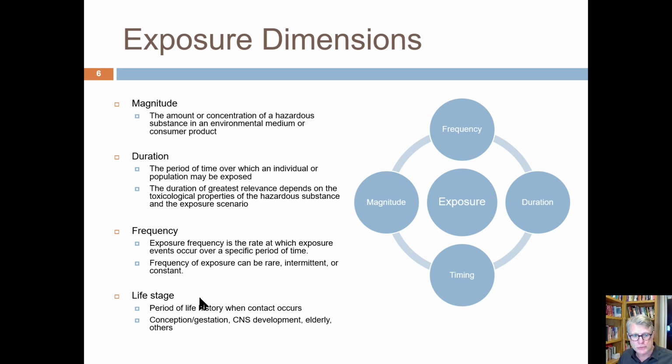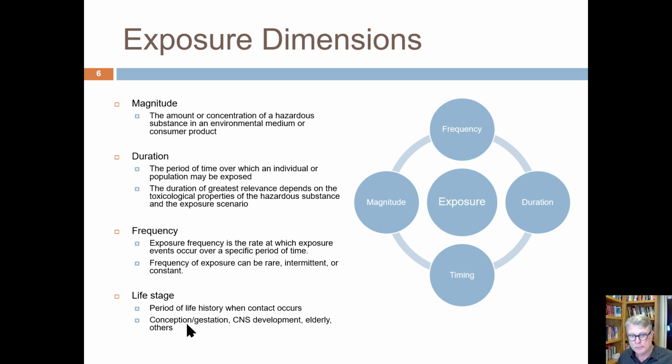And life stage, or timing, refers to when in the life history of an organism this contact or exposure occurs. Why do we care about when? Well, the susceptibility of humans and other organisms to toxicants is somewhat dependent on where in the life stage that exposure occurs.